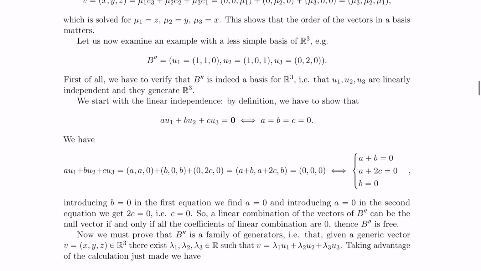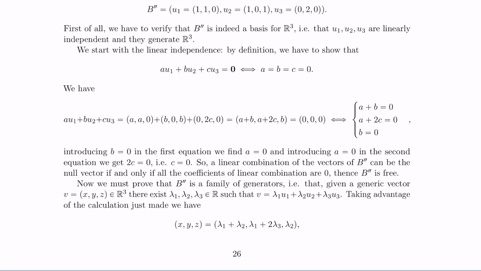Let's start with the linear independence. By definition, we have to show that if we impose that the linear combination a times u1 plus b times u2 plus c times u3 equals the null vector, it is satisfied if and only if all the scalars a, b, and c are 0.